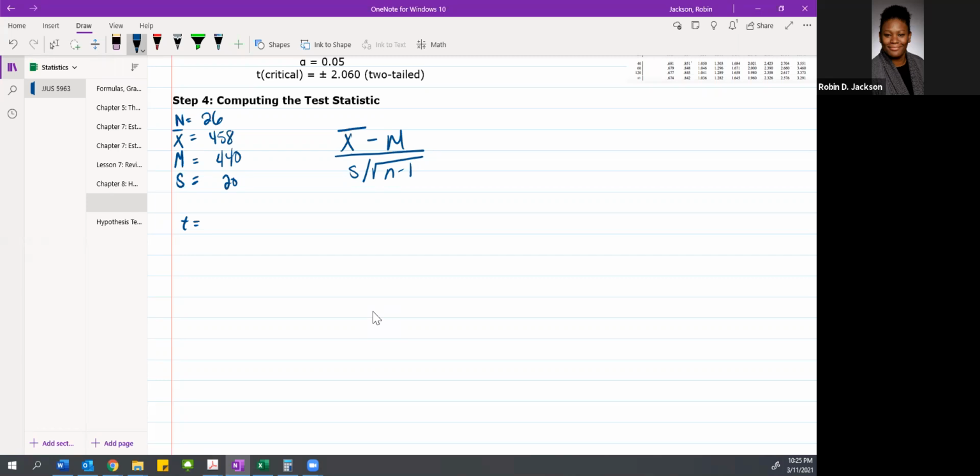So we've got 458, subtract the mean, which is 440, which is then going to be divided by the sample standard deviation, which is 20, divided by the square root of the number minus 1, which is 26 minus 1.